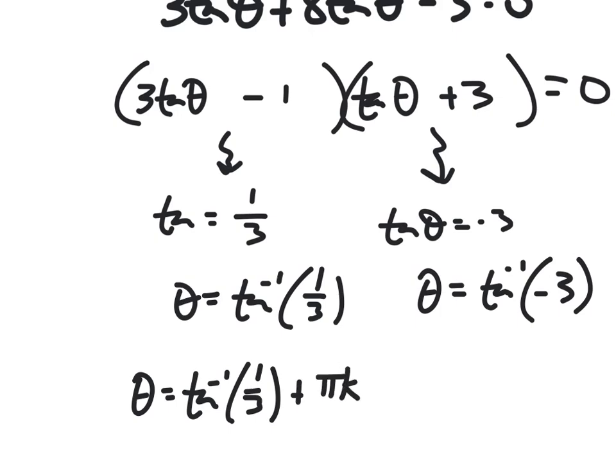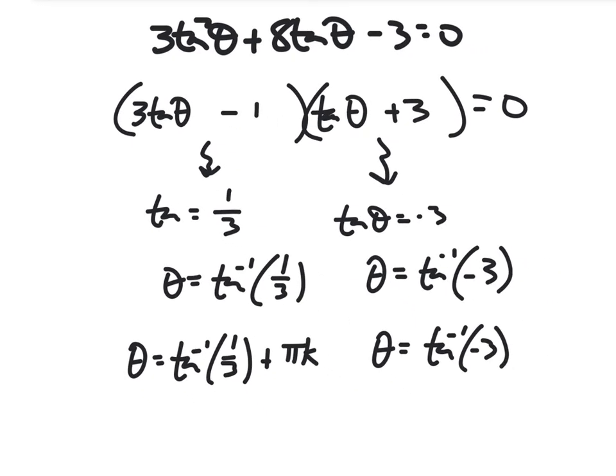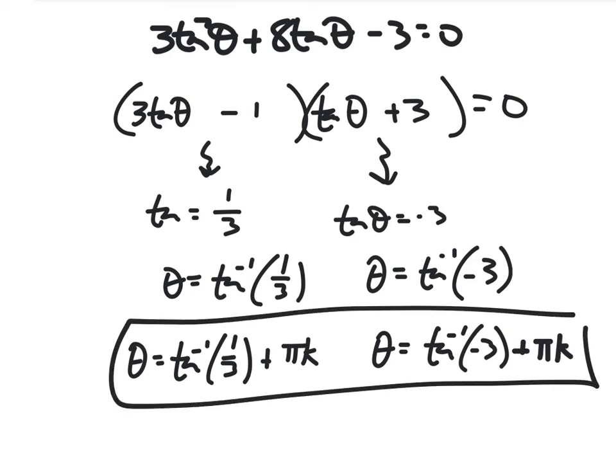I could make k whatever I want it to be. Likewise over here, I would do the same thing, pi k units. And that would give all possible solutions, regardless of quadrant, location, anything like that.